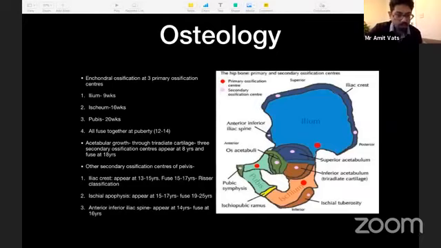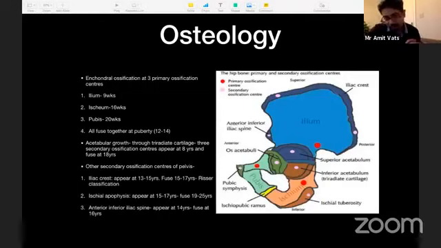There are multiple other secondary ossification centers in the pelvis, which are essentially related to the epiphysis that we previously discussed. An important one is the iliac crest, which appears at the age of 13 to 15 and fuses by the age of 15 to 17.